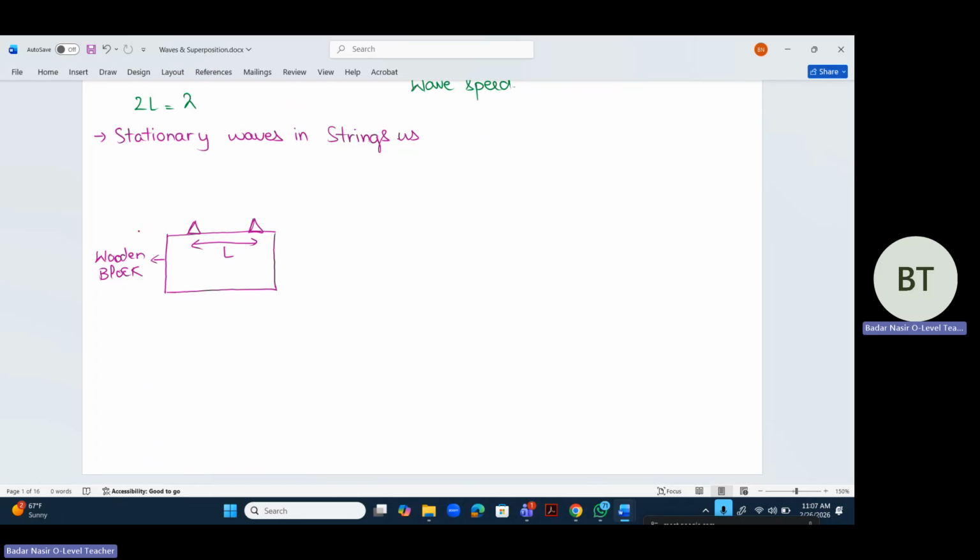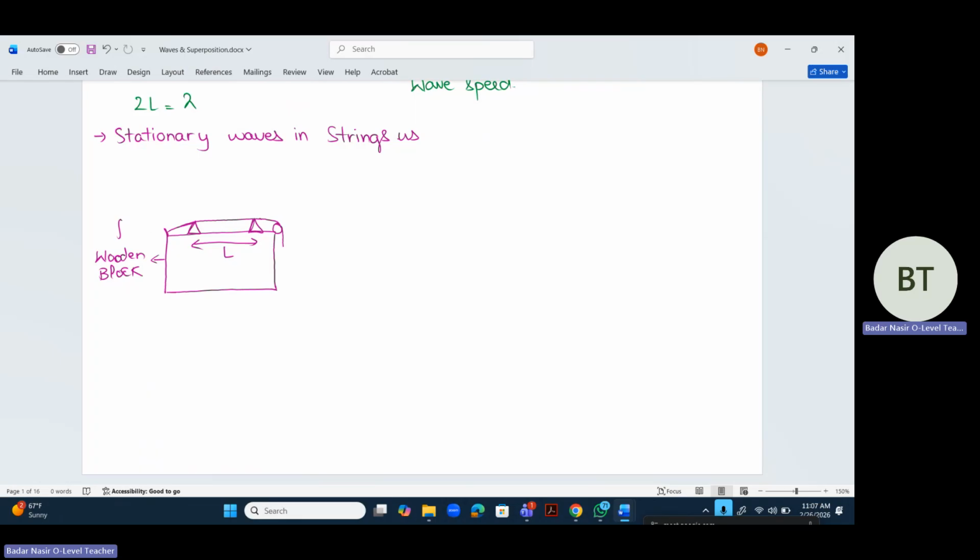Okay, now we're going to attach a string here. At this point, we have a pulley over here. And one end of the string is fixed.